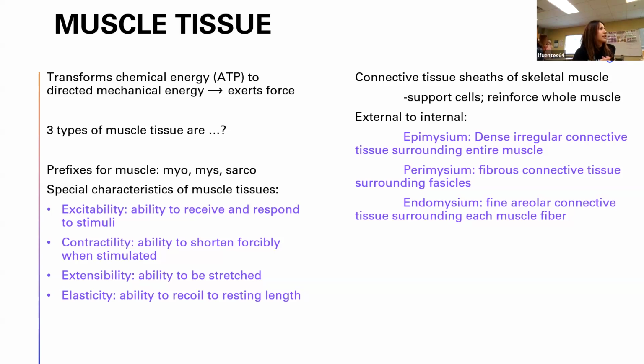Epimysium is the dense, irregular connective tissue surrounding the entire muscle. Perimysium is the fibrous connective tissue surrounding the fascicles. And I'm going to pull up the picture. Irregular? Yes. Okay. And then endomysium is the fine areolar connective tissue surrounding each muscle fiber.